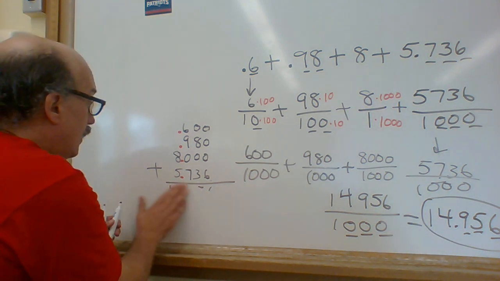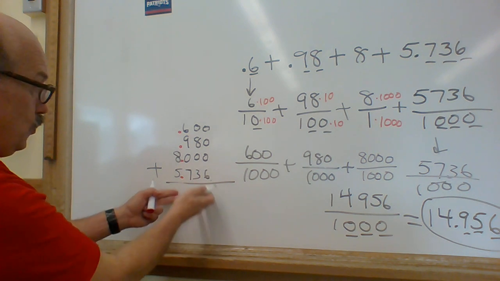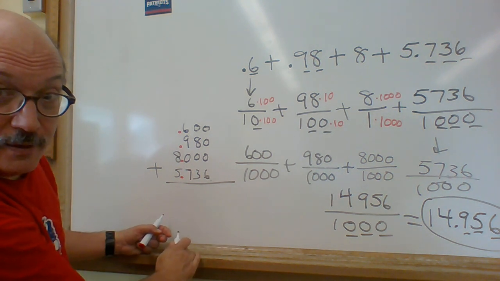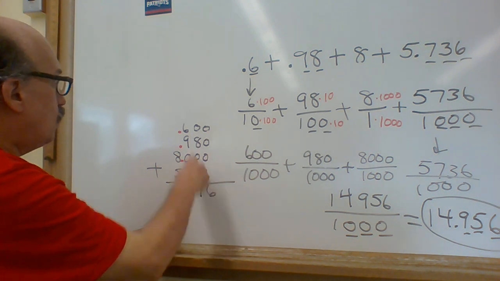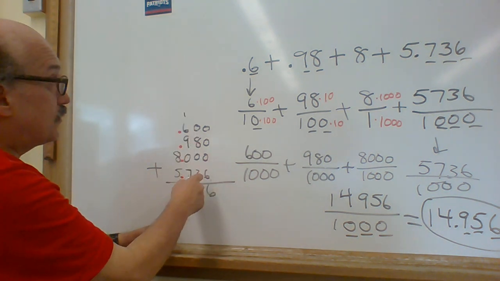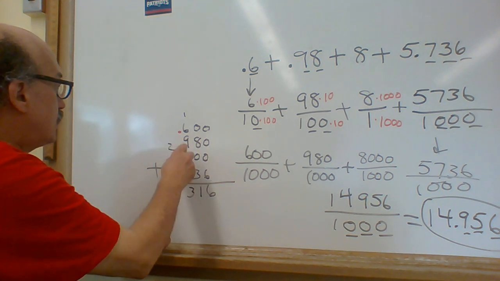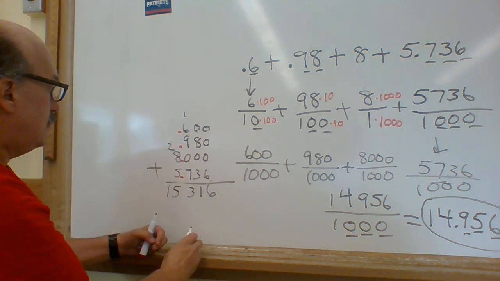And then I'll have to re-add these now. Ordinarily, I wouldn't have to re-add, but I copied the number wrong. So 6, 1, 11, 1, carry the 1, 16, and 7 is 23, carry the 2, 15.